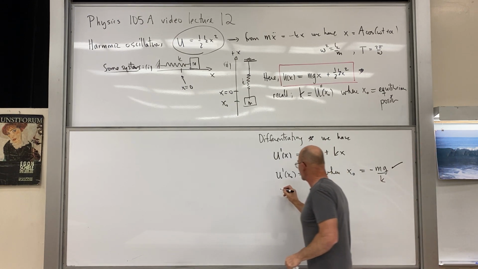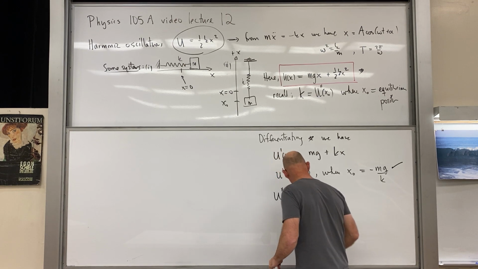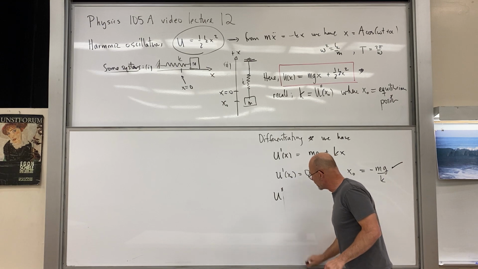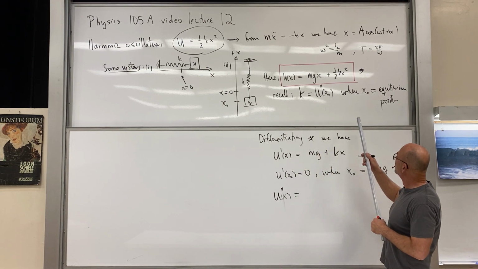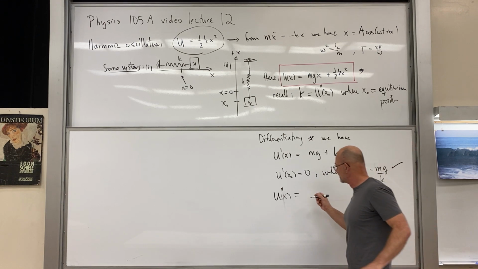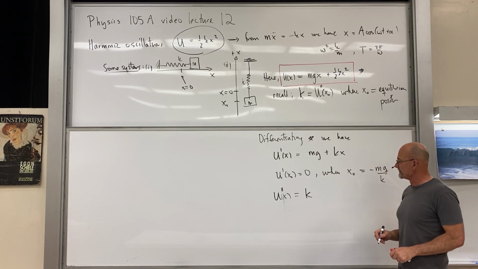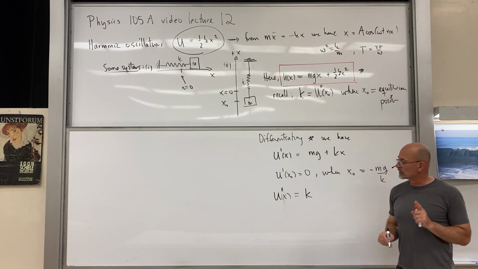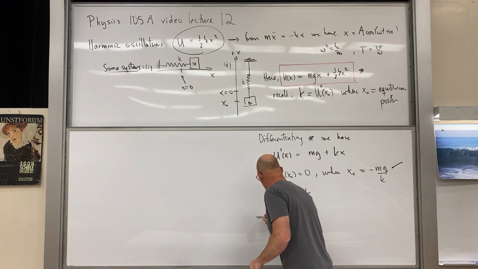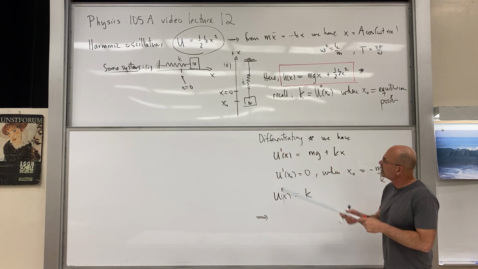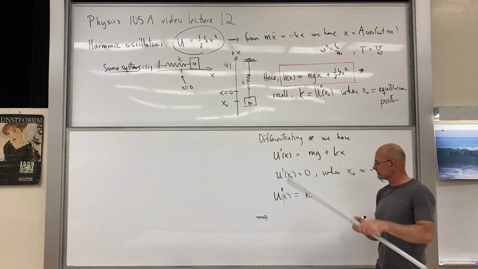What about our second derivative? U second derivative of x is equal to k. And what do we learn from this? Twofold. Therefore, the frequency of oscillations is not affected by that gravitational field.